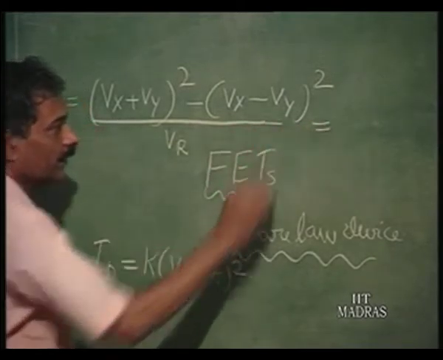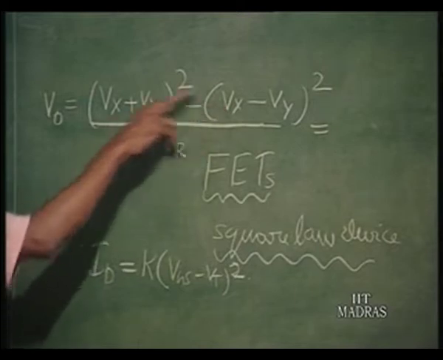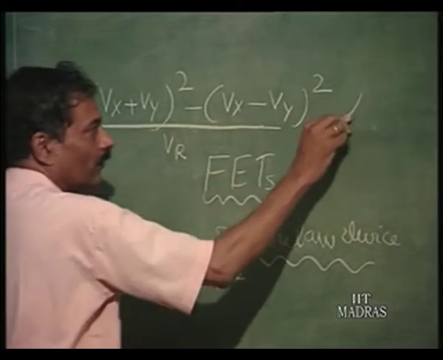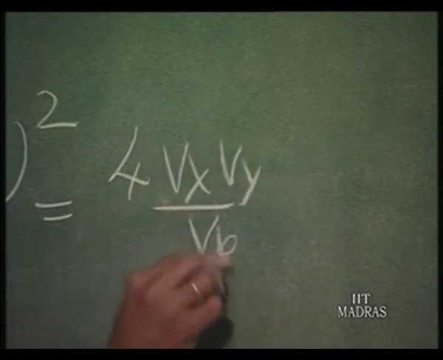So, if you do this, then we will get Vx squared and Vy squared cancelled, we get 4 VxVy by Vr.